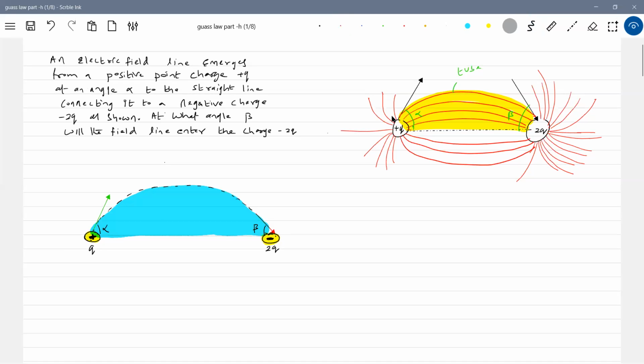Counting the lines: 1, 2, 3, up to 23. I have to draw a few more lines. 24, 25.